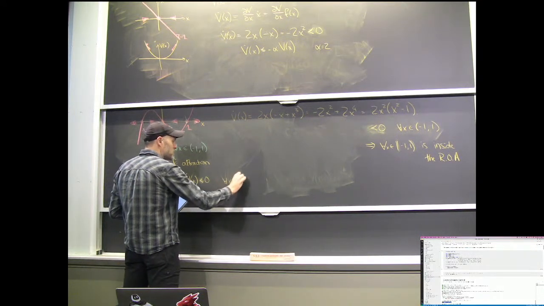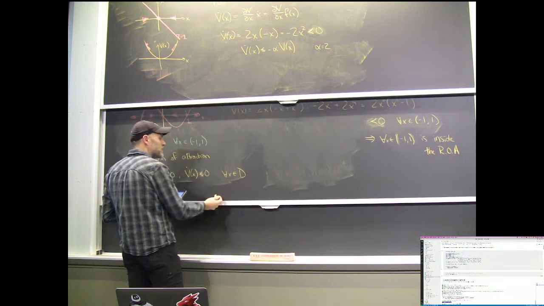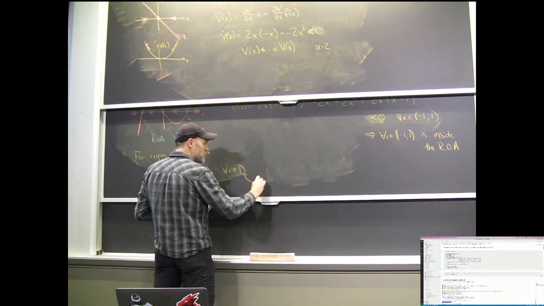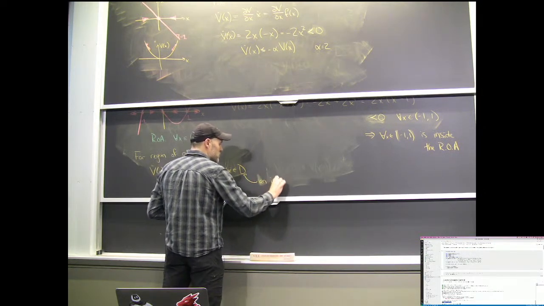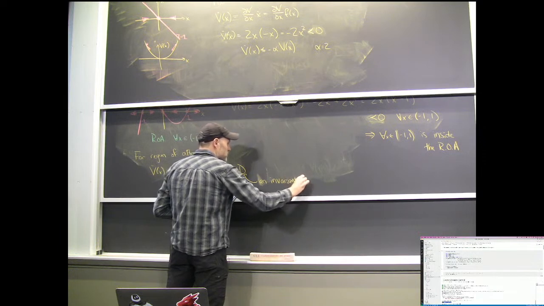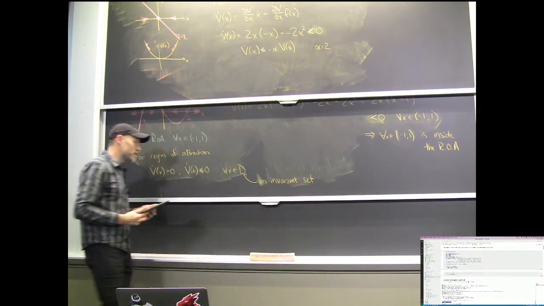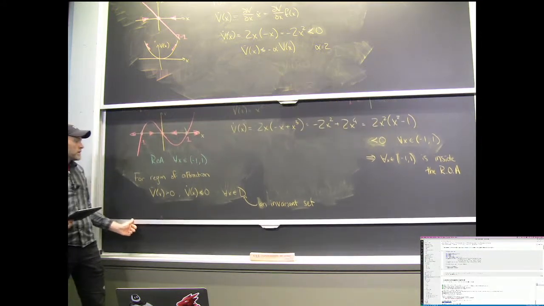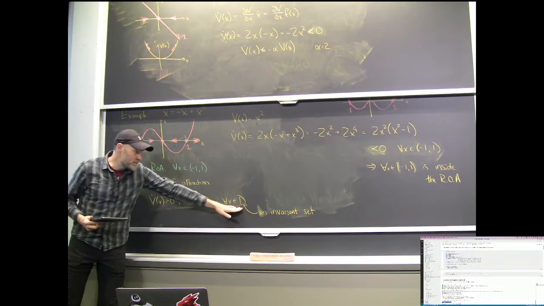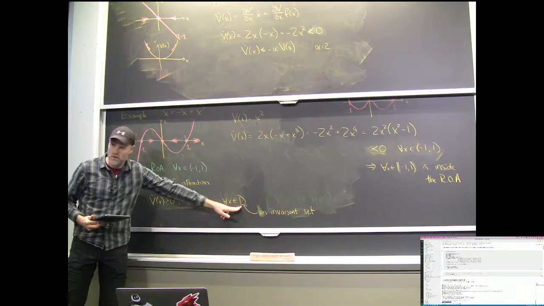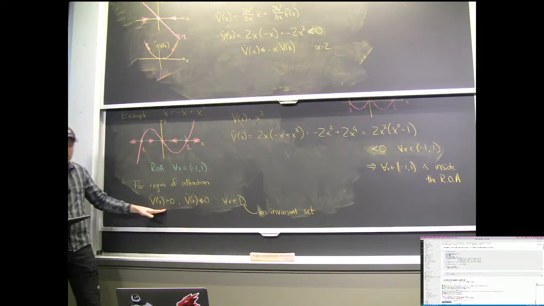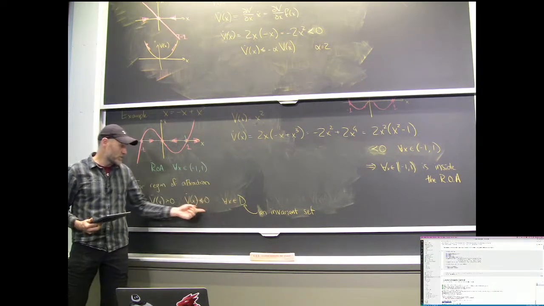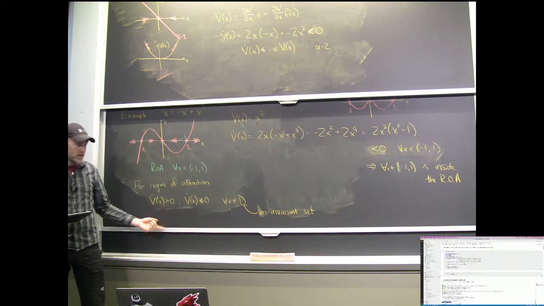For all x in D, but I need D to be an invariant set. And I'll draw a picture to make that clear, okay? So if D is an invariant set, if trajectories that start inside D stay inside D for all time, and this condition holds inside that set, then I know that I'm going to get to the origin, that that's inside the region of attraction.